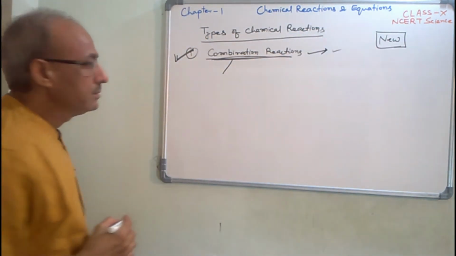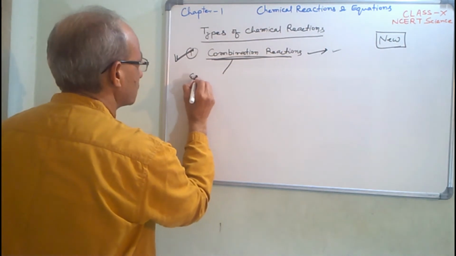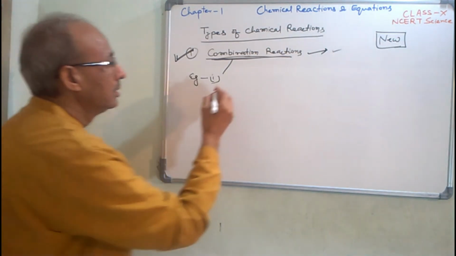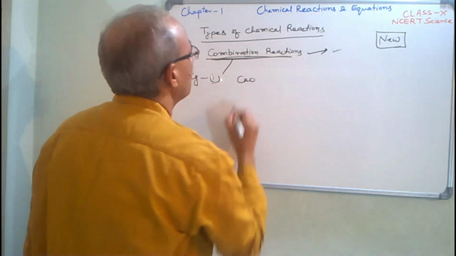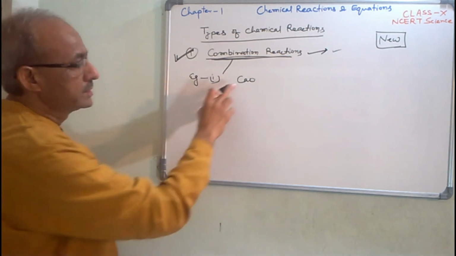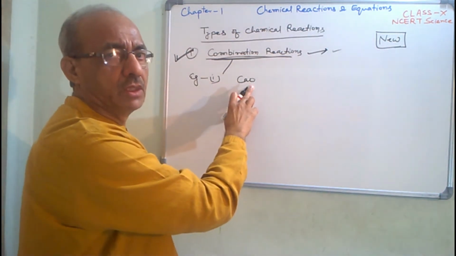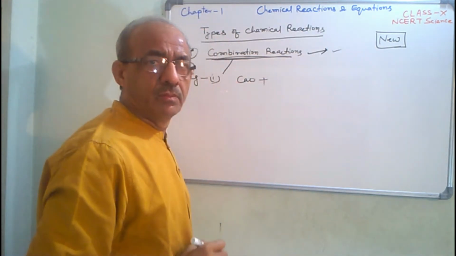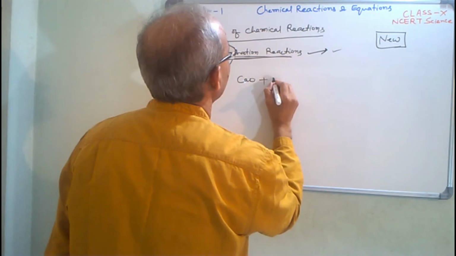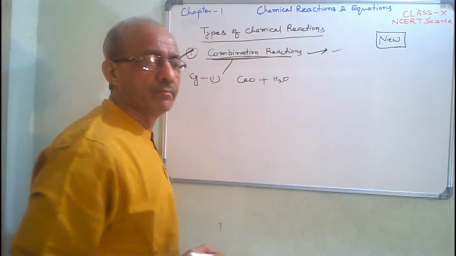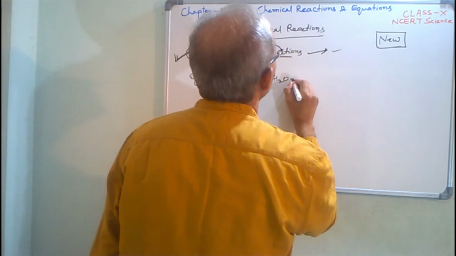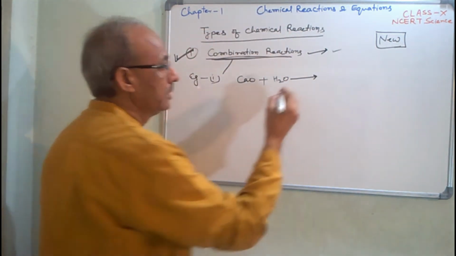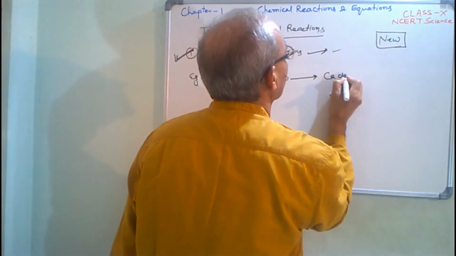We will understand by certain examples. First, calcium oxide, it is also called quicklime, combines with water and forms calcium hydroxide.